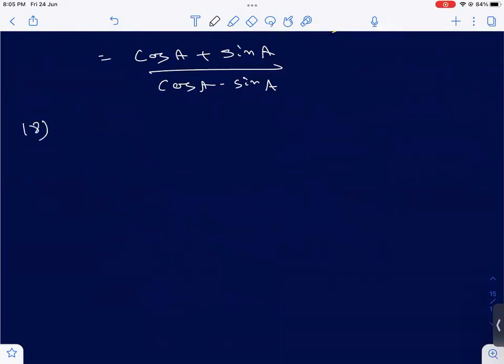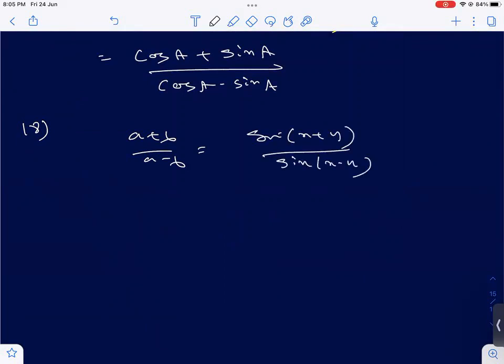Now I am going to the 18. For 18, similarly, A plus B, A minus B. So let us apply componendo and dividendo. So A plus B by A minus B equal to sin x plus y by sin x minus y.